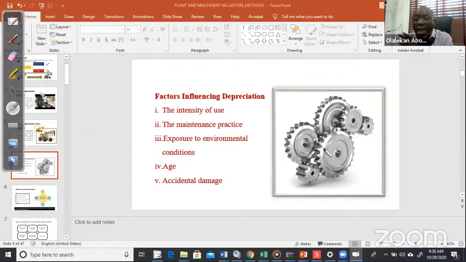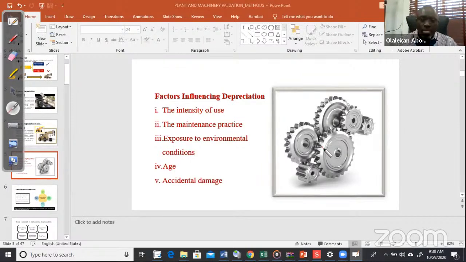You run your asset until it cannot perform again, the depreciation will be very, very high. In fact, it's going to have a combination of curable and incurable altogether. So maintenance is very, very important. As a matter of fact, the moment you inject maintenance into an asset, it renews the life of that asset, and it will therefore shorten the effective age of your asset.